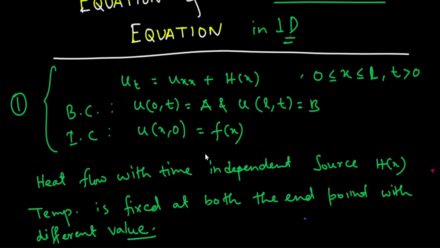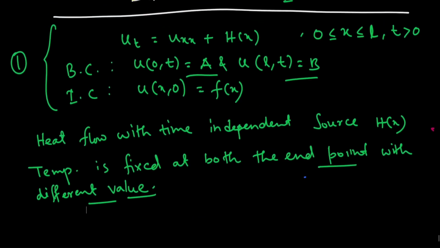That is, A and B are fixed at both the end points with different values, and the solution approaches a steady state solution or equilibrium position.